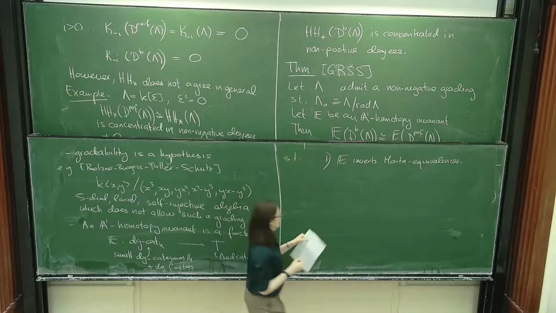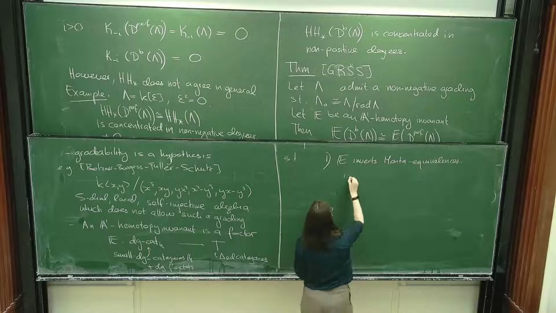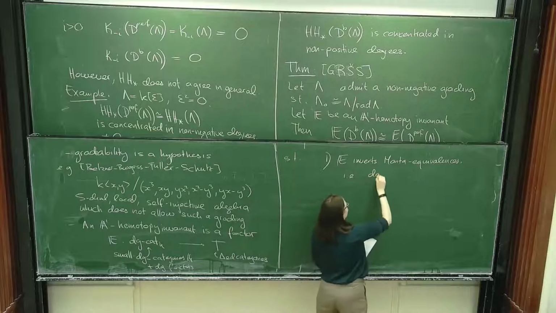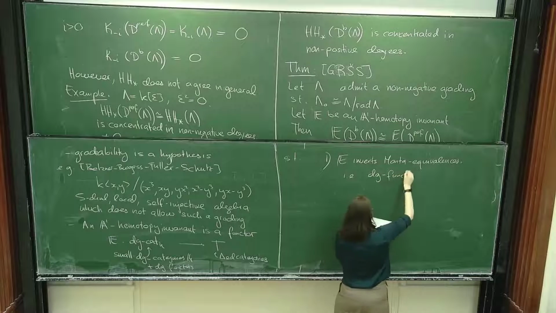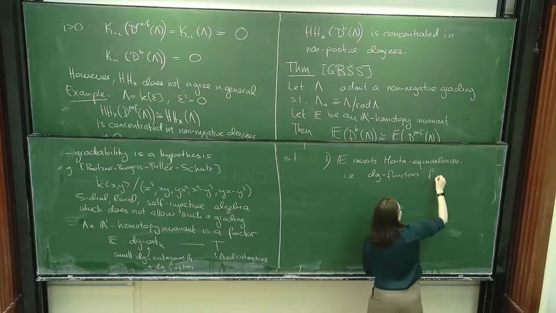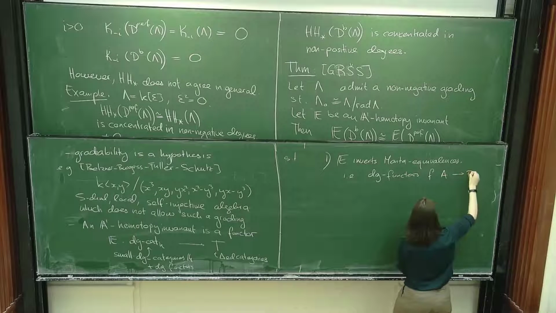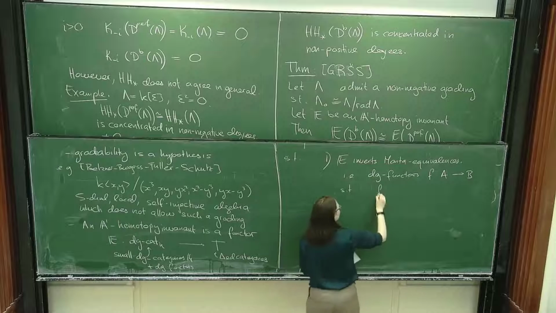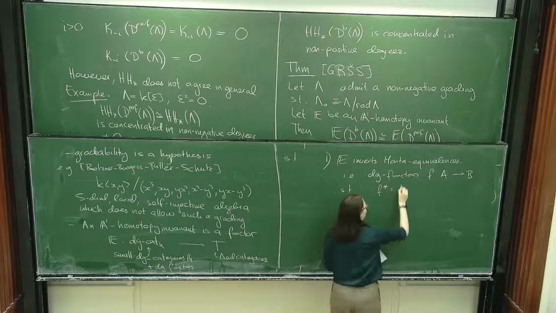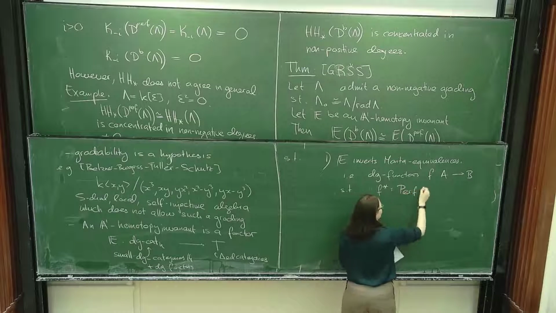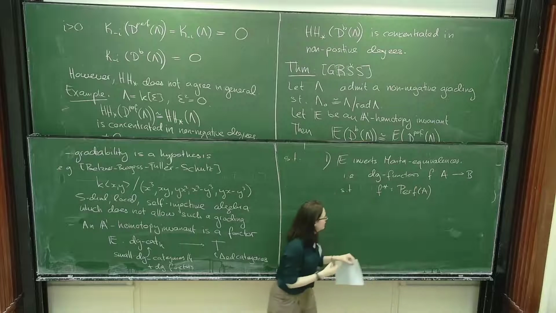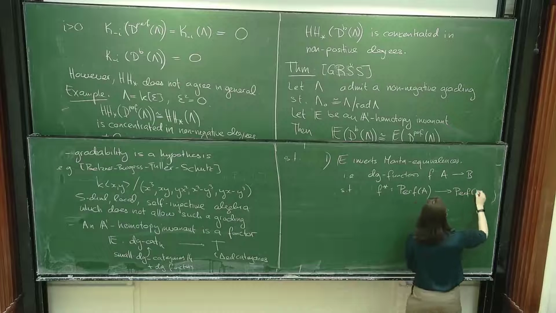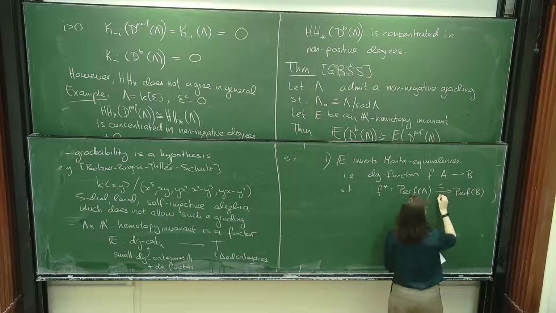A Morita equivalence is a dg functor F such that the base change star from perf of A, the pre-triangulated hull of A, to perf of B, is a quasi-equivalence.